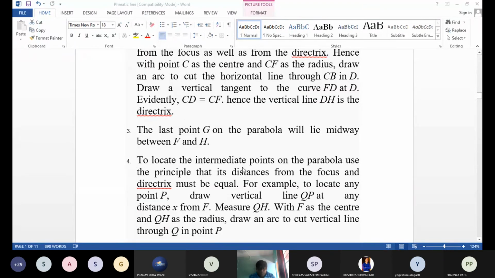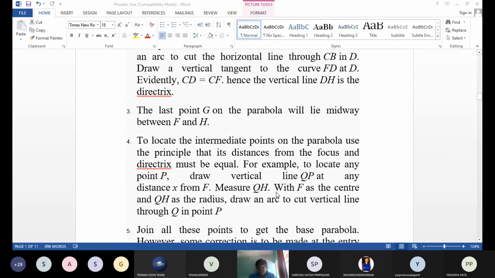Then to locate the intermediate points on the parabola, we will see one example, that is distance from the focus. What is the principle you applied here? Any point located on the phreatic line has the same distance from the focus and the directrix; the distance from the directrix and the focus point must be equal.